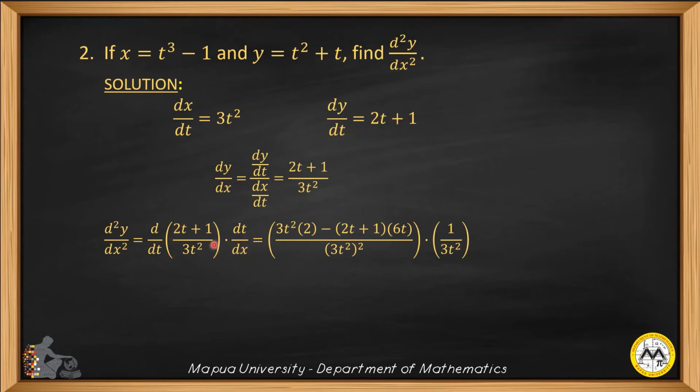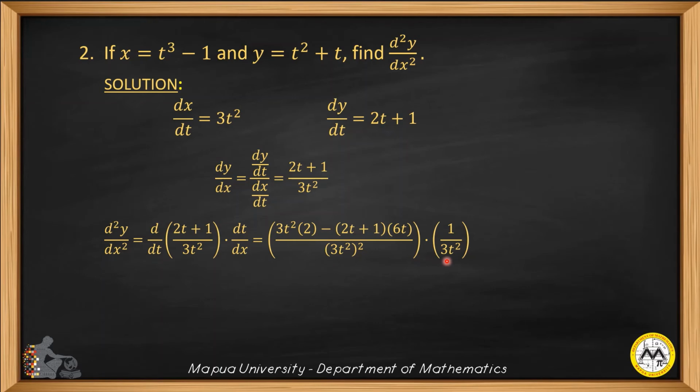So differentiating 2t plus 1 divided by 3t squared with respect to t, the result would be given by 3t squared times 2 minus 2t plus 1 times 6t divided by the square of 3t squared. This is the derivative with respect to t of the first derivative of y with respect to x. This now is multiplied with dt/dx.